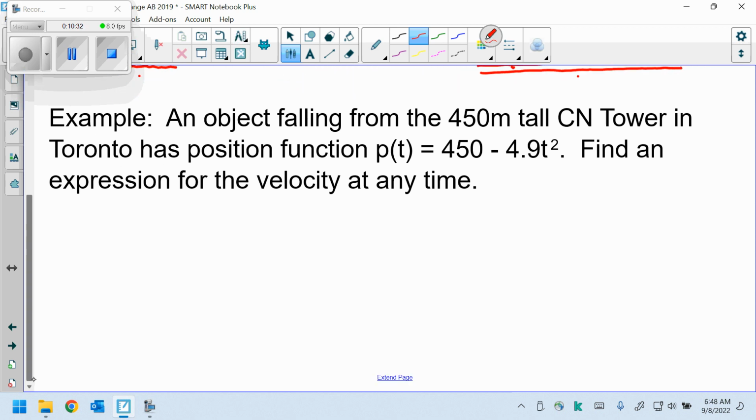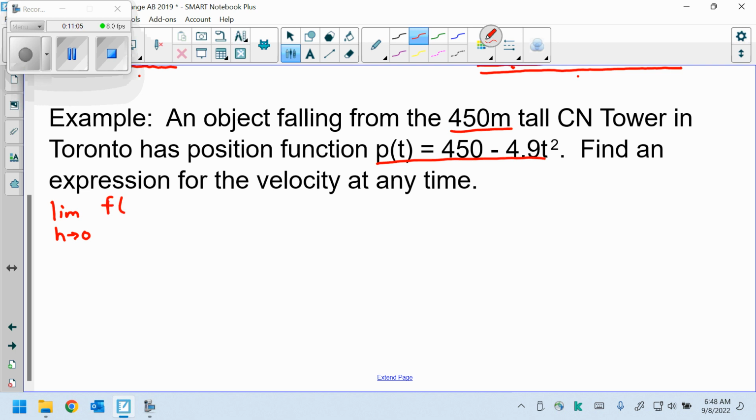Now, an object is falling from a tall tower in Toronto. Here's the position function. This is the position time function. If we find the slope, we're going to find the velocity. So now what I'm going to do is I'm going to find the limit as h approaches 0, because we have not been told at what time to find the velocity.